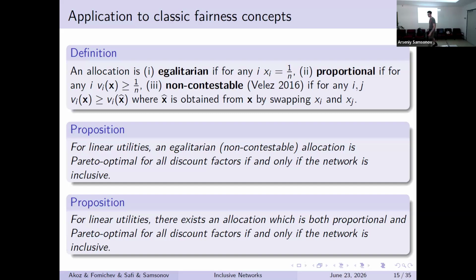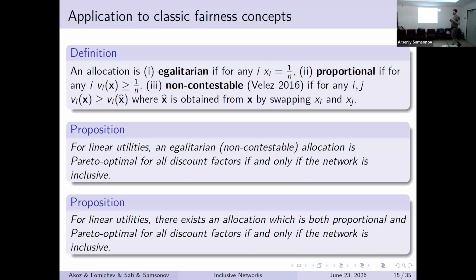So the lesson is that if your government is giving out money, you want something which is fair and efficient, and maybe you don't know enough about how altruistic people are. Maybe they can change their mind. Then you have a problem for non-inclusive networks like this one.